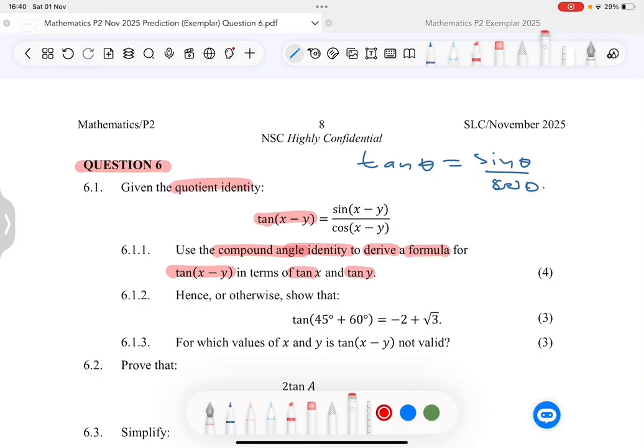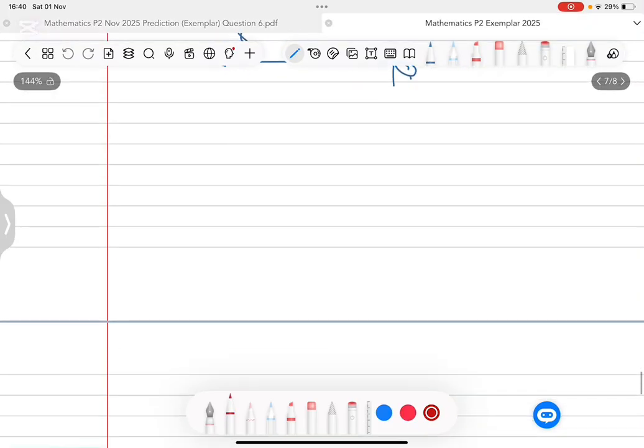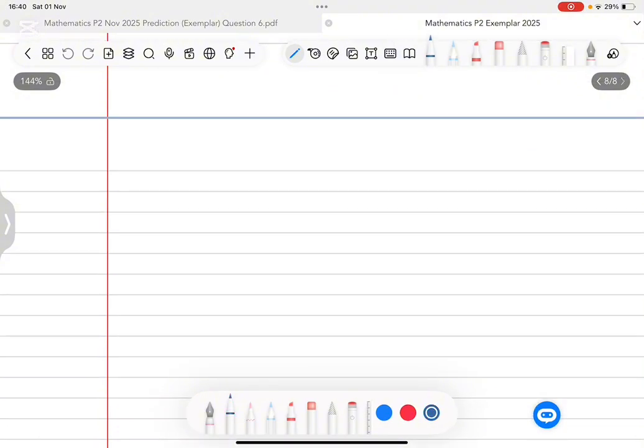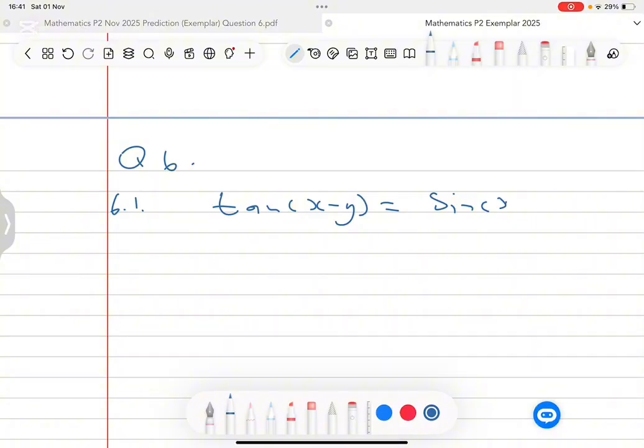Now what I'm going to do with this question, we are going to start on a new page here looking at question 6. We are looking at 6.1. We have here the tan of (x - y), which really has been changed to a quotient identity as we discussed.